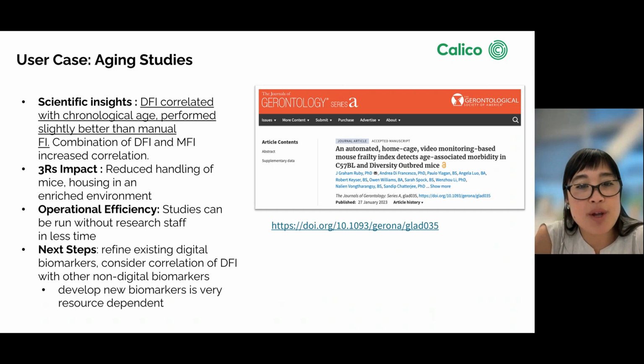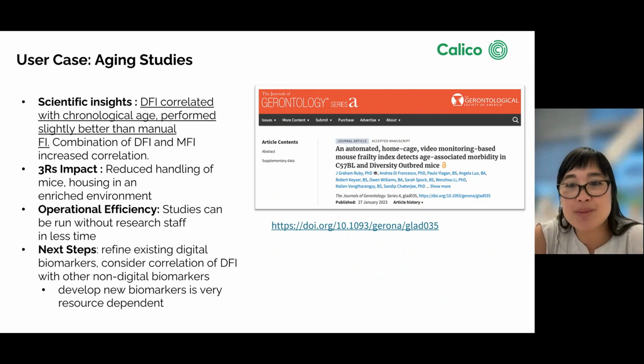And there was definite 3Rs impact. In the future, we'll have reduced handling of our mice and have them housed in an enriched environment and reduce stress of doing behavioral assays. And then operationally, we could run these studies without research staff in less time.